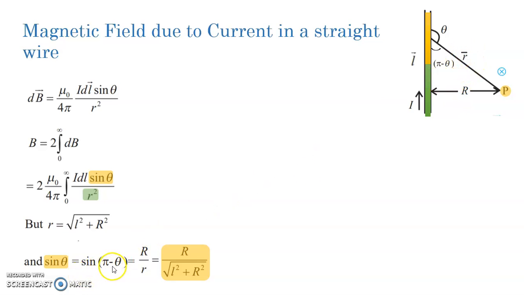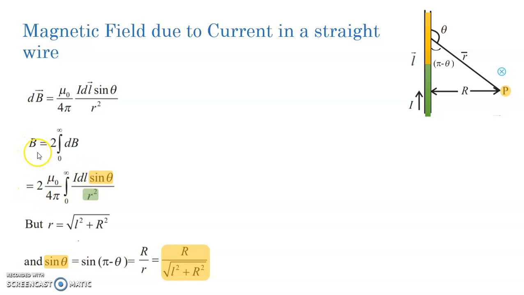So sine pi minus theta will be equal to opposite side, that is capital R, divided by hypotenuse of this triangle, that is small r. So sine pi minus theta will be equal to capital R divided by small r. Let us substitute the formula for small r as square root of L square plus R square. So sine theta will be equal to R divided by square root of L square plus R square.